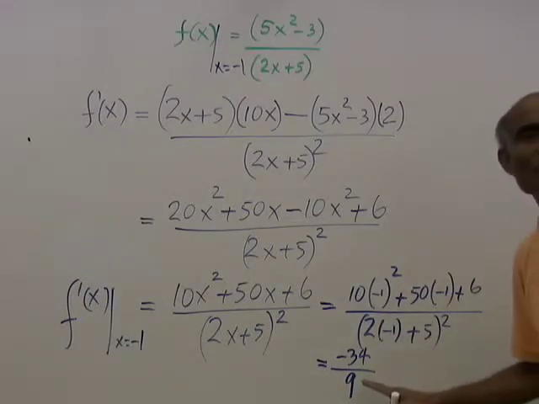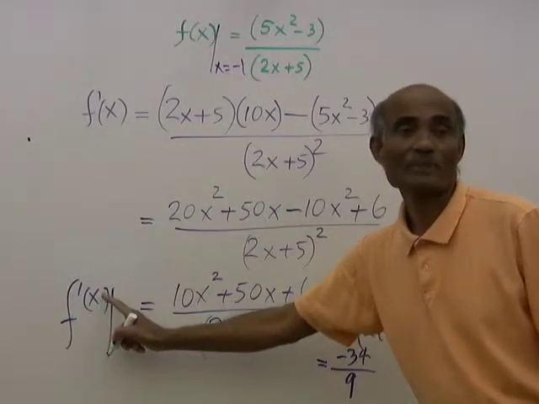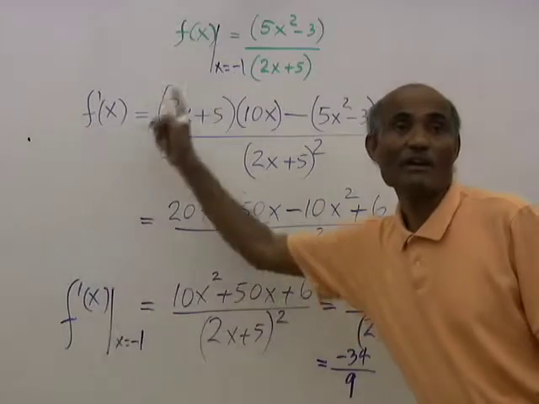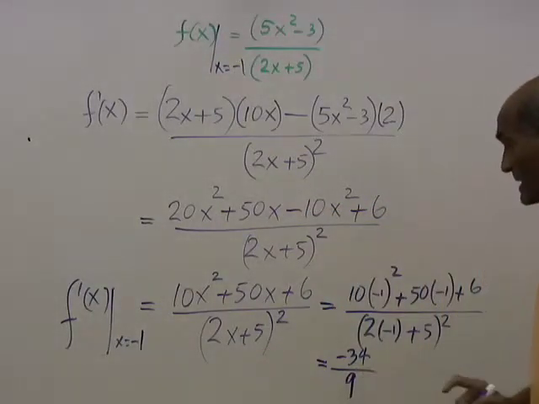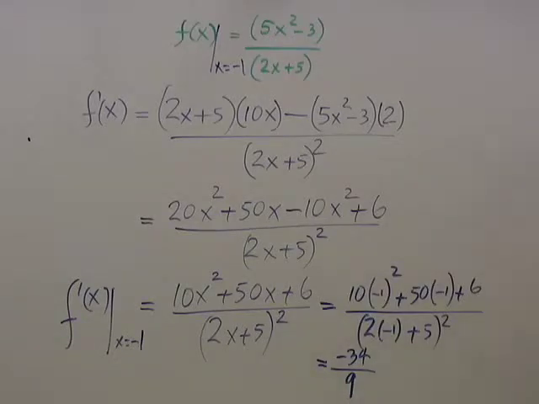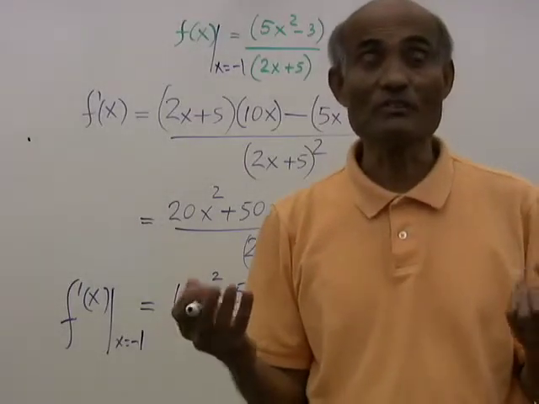Now what is the physical meaning of this? The derivative of f of x at x equal to negative 1 is negative 34 over 9. Well, remember the definition of derivative.